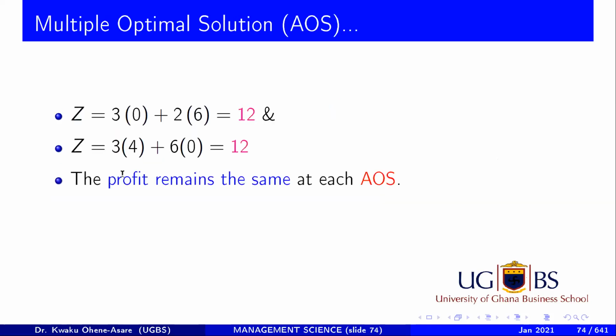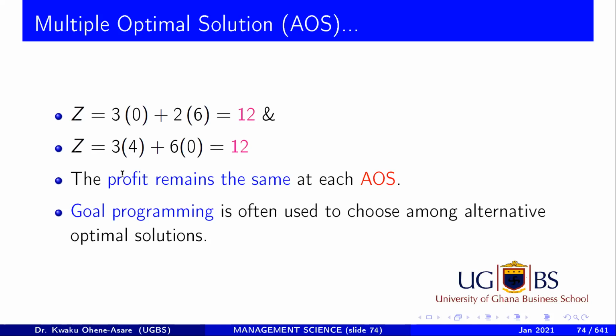So the profit will remain the same. This kind of multiple optimal solution or alternate optimal solution is often used to choose among alternative options. And there's a linear programming technique for solving that, which is known as goal programming. Goal programming solves situations of multiple optimal solutions.